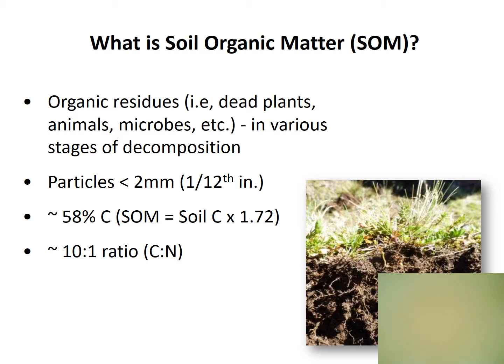So generally when we're talking about soil organic matter, we're talking about carbon, but we're also talking about nitrogen. If it's 58% carbon, then it's about 5 or 6% nitrogen, right? So when we're talking about soil organic matter, we are talking about nitrogen. And most nitrogen in soils is held in soil organic matter.